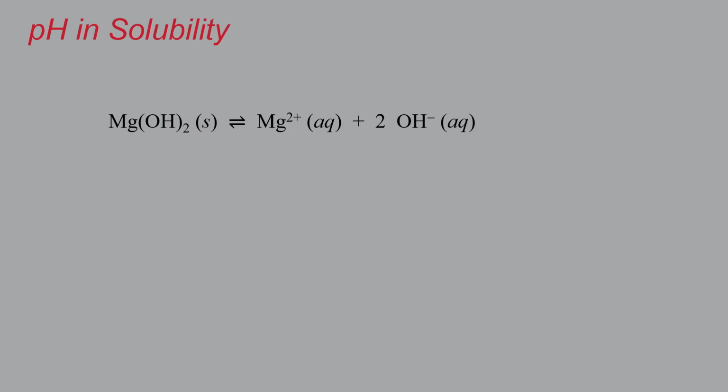Now, one of the most common ions to be used in this common ion effect are hydronium and hydroxide. So consider magnesium hydroxide. This is a salt that is not soluble much at all. In fact, but the presence of, in some cases, hydronium or hydroxide can greatly affect its solubility.